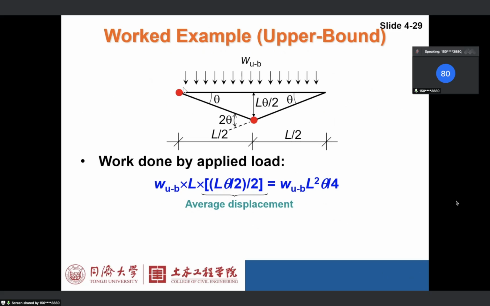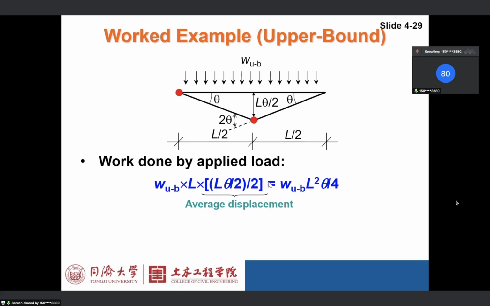Let me quickly go through this. The work done by the applied load is WB, meaning upper bound. First we get the upper bound solution times L, which is the overall load, times the average displacement, which is L squared over 2 divided by 2. I have discussed this before, so I'm not going to go through this in detail.